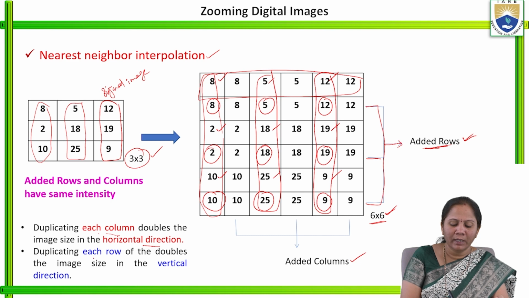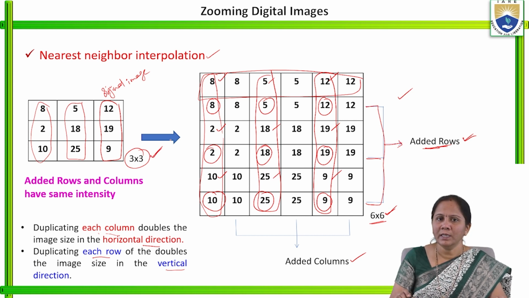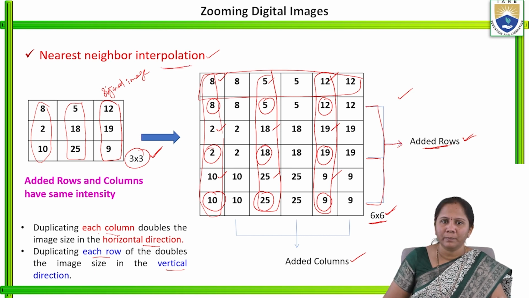If we duplicate any row, the size of the image will be increased in the vertical direction. So this is how the original image, whose size is 3 by 3, has been zoomed to the image 6 by 6 by applying this nearest neighbor interpolation.